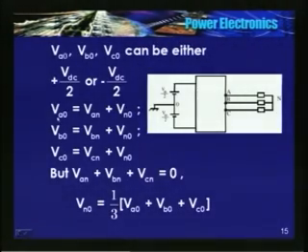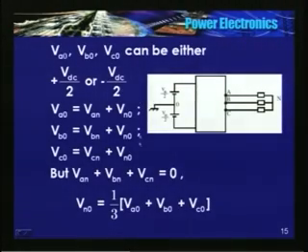So now I can write VAO is equal to VAN plus VNO. Okay. Similarly, VBO is equal to VBN plus VNO. Similarly, for VCO. So I have 3 equations here.